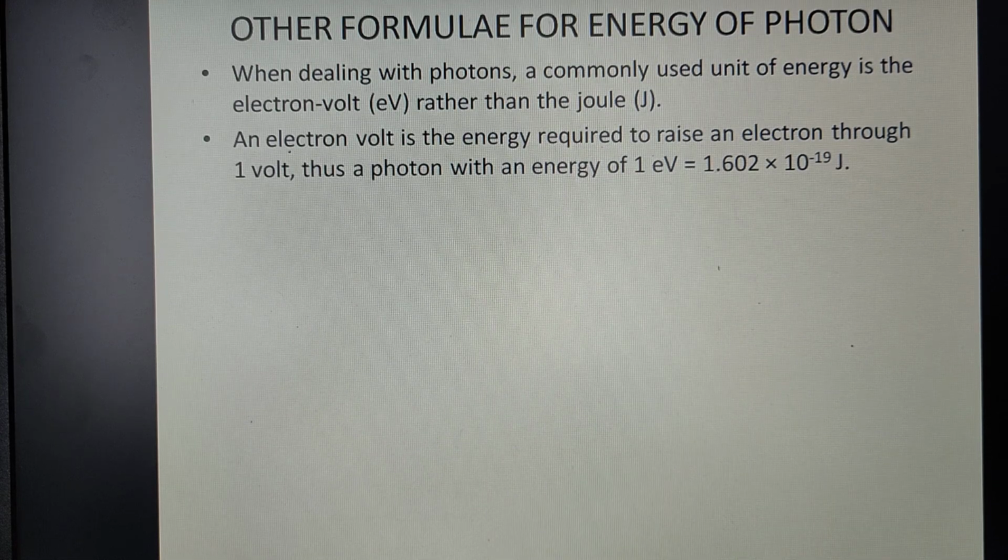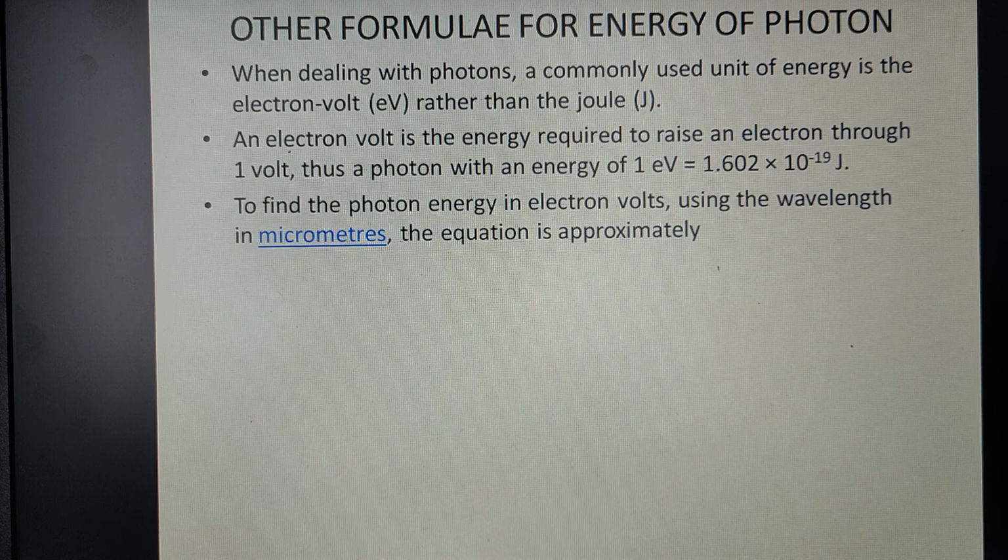An electron volt is the energy required to raise an electron through 1 volt. Thus, a photon with an energy of 1 electron volt is equal to 1.602 into 10 to the power minus 19 joules. So if you get a value in electron volt, you have to convert it to joules.